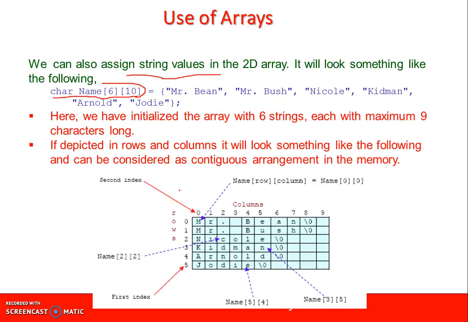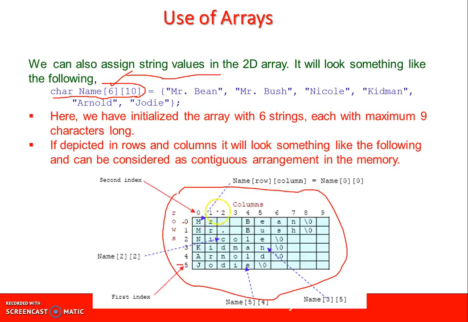If you see the memory management of this kind of array, on this side the columns are specified, and on the vertical side the rows are specified. Because we have stored 6 rows here, the indexes start from 0 up to 5. That means we can store 6 names here.